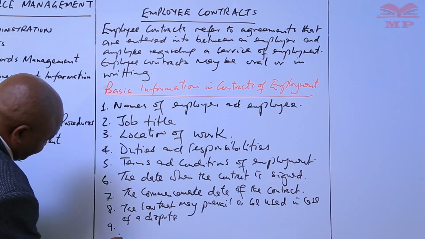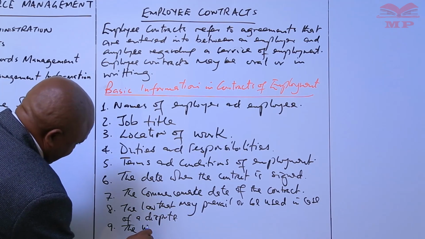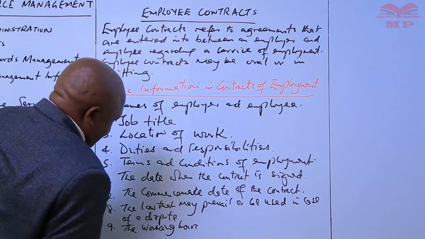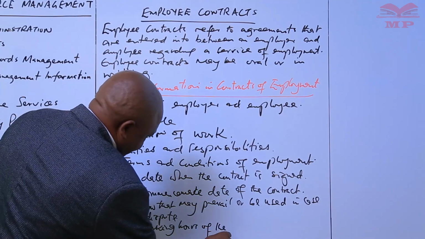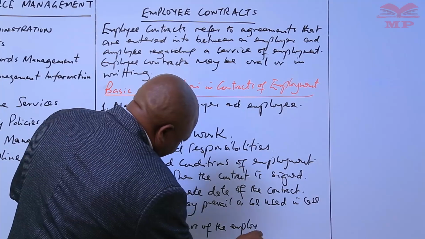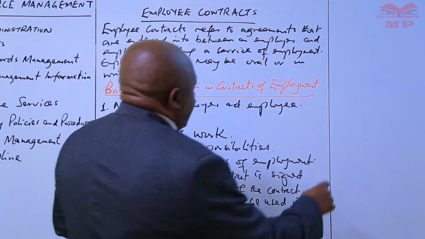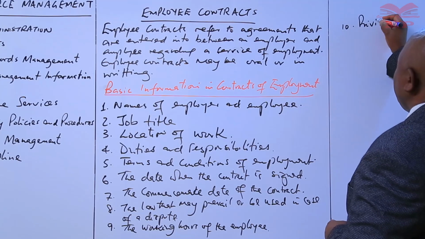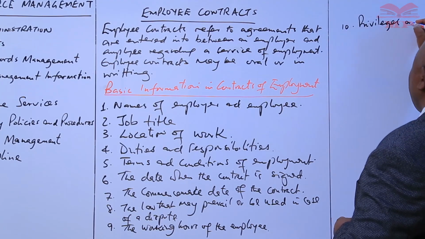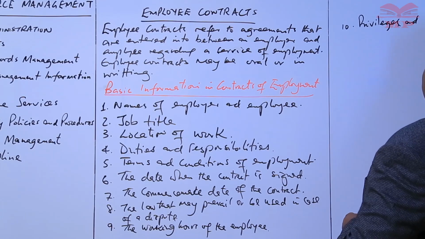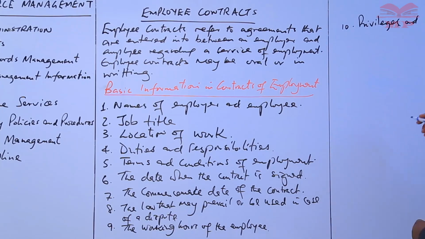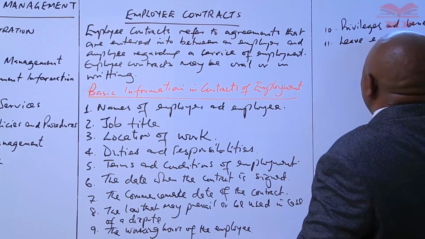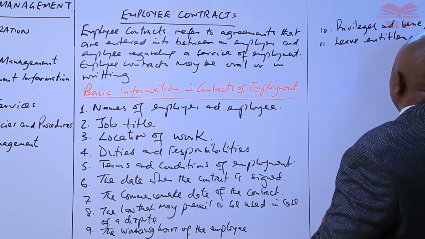Then 9, the working hours of the employee. Then you have number 10, the privileges and benefits. Then you have 11, leave entitlements.